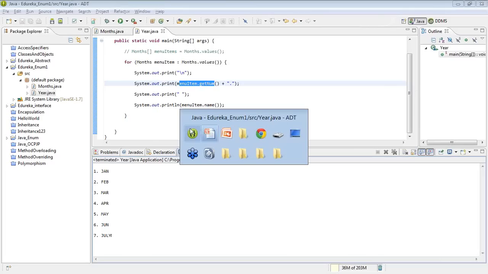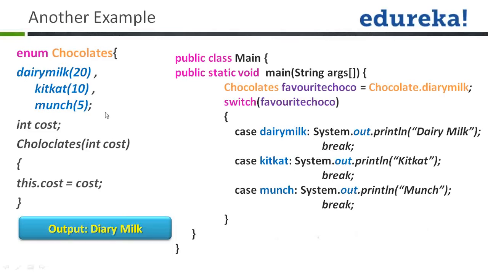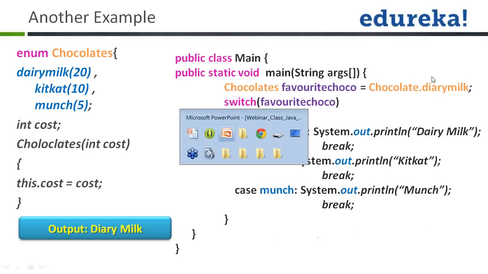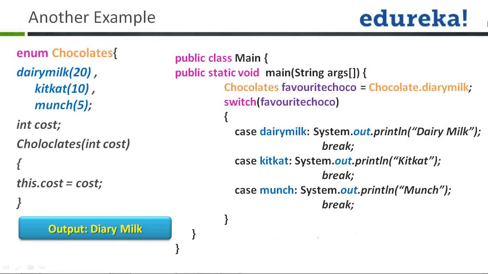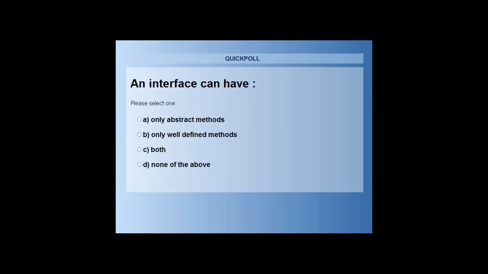Okay then. Let's come back to the presentation. Let's see if I have got any questions for all of you. Okay, first question is, an interface can have only abstract methods, only well-defined methods, both, or none of the above? Please click on the polling screen.